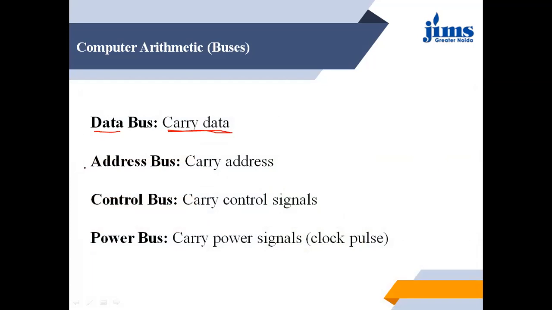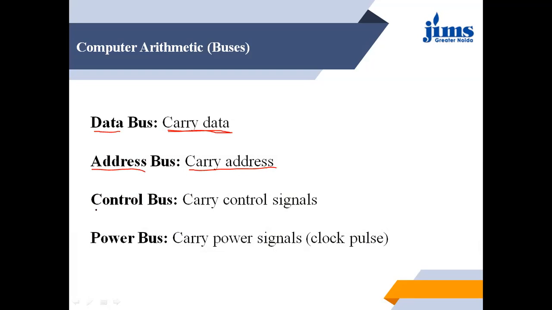The address bus, as its name also suggests, contains the address of the memory, that is where the operation has to be performed, means where the data has to be read or data has to be written in the memory.